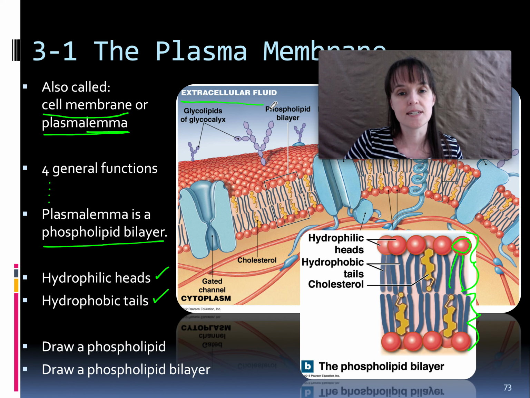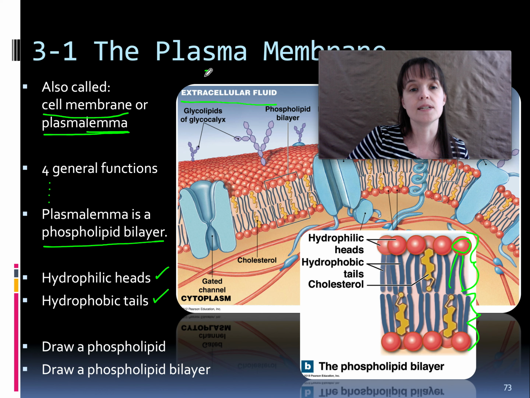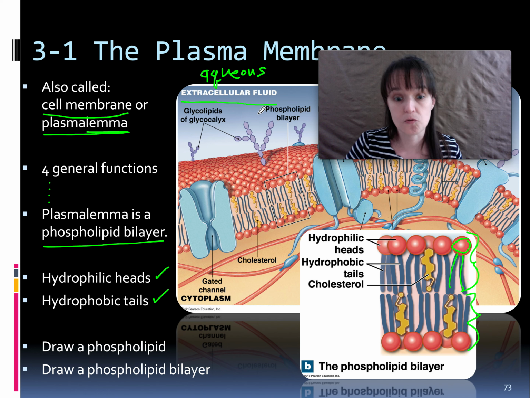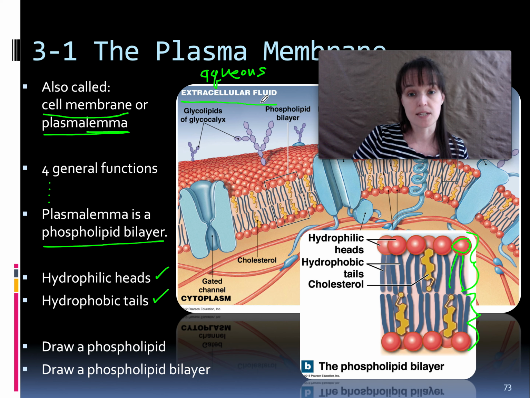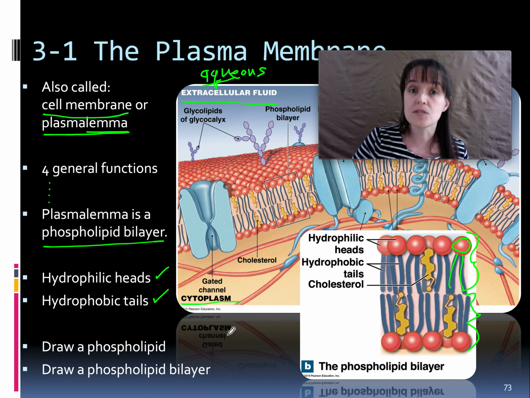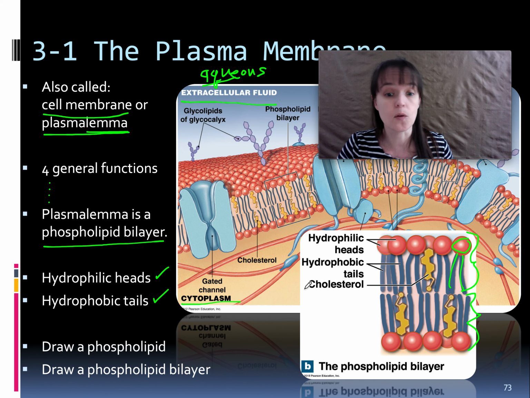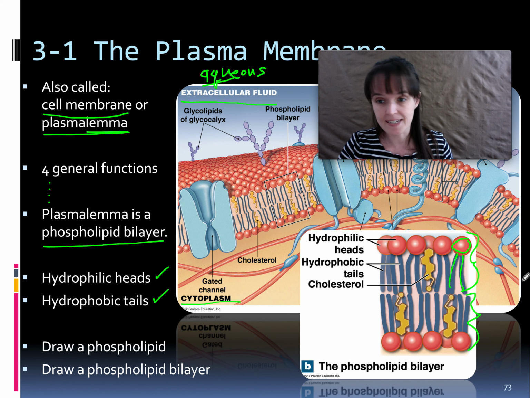What happens is this extracellular fluid is an aqueous fluid, which means it's a water-based fluid, and this is outside the cell. And the cytoplasm inside the cell is also an aqueous fluid. And so the hydrophobic tails are repelled by the water on either side, and so they make a little fat layer.